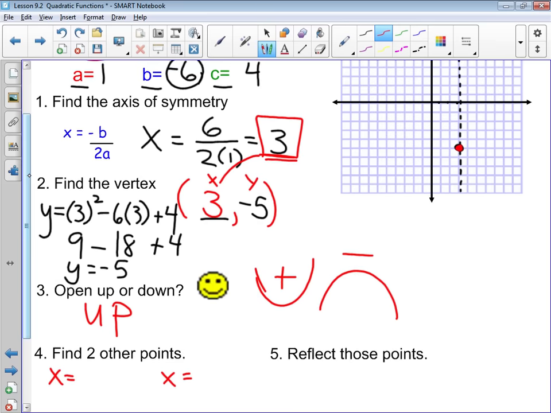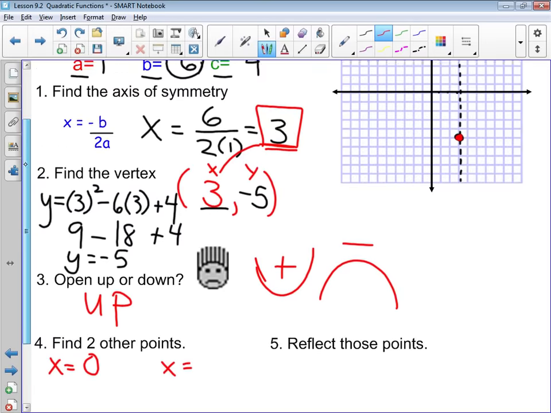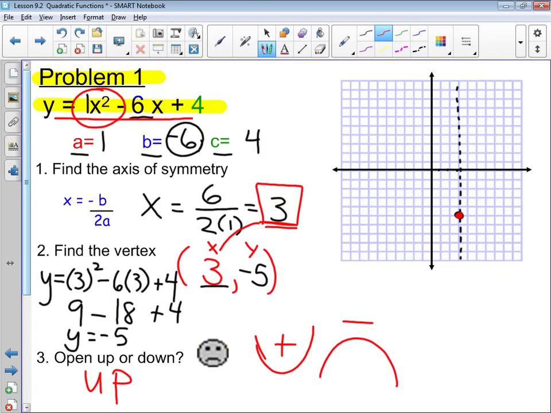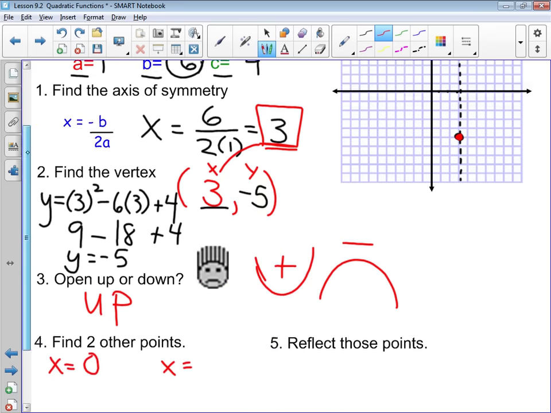So if I choose x equals 0, that means I'm going to take 0 and put that value up into the equation, the original equation, and figure out what the y coordinate is.